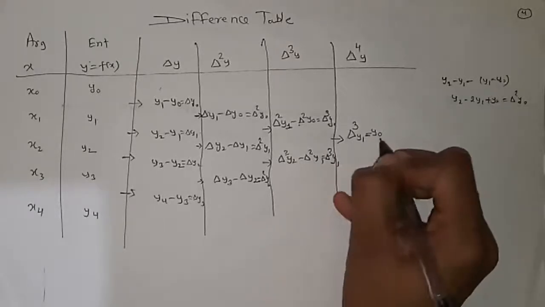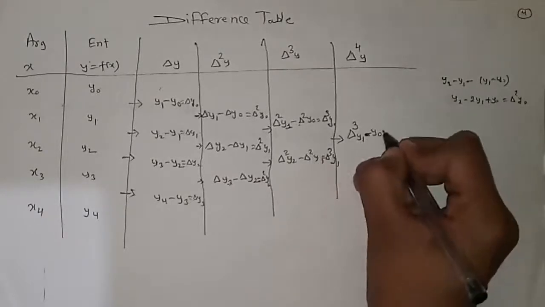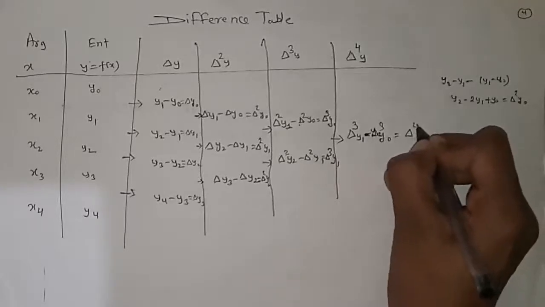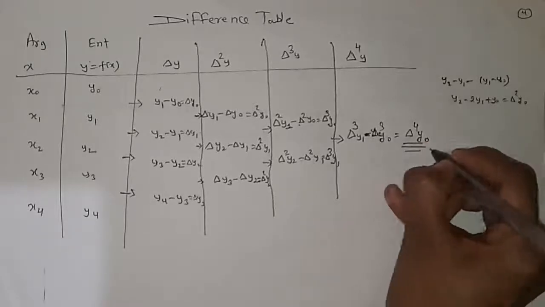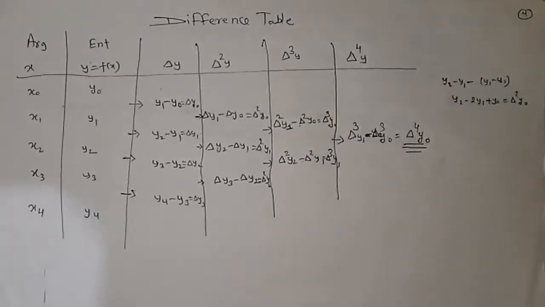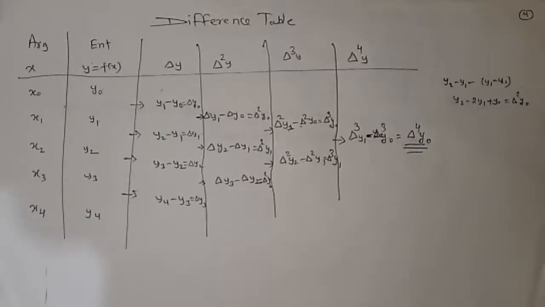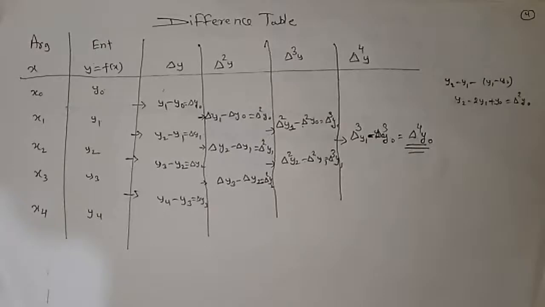This is delta cube y1 minus delta cube y naught, which is my delta raised to 4 y naught. So we will do the calculation up to this value. So this is how we can draw our difference table, and it is important to draw this table because in upcoming practicals there is a lot of use of this table. Once you understand how to draw this table, the questions are not so difficult to solve.